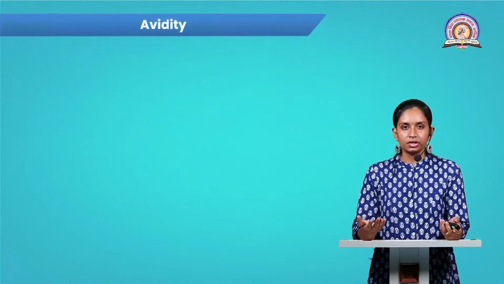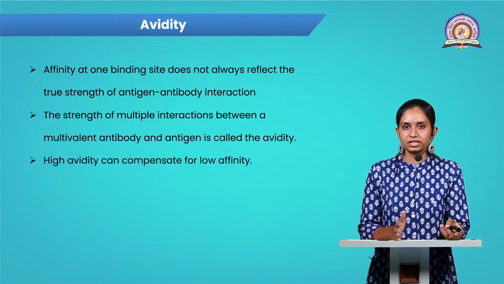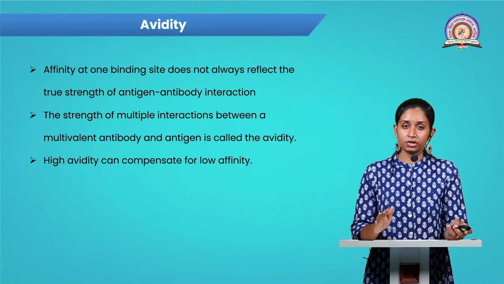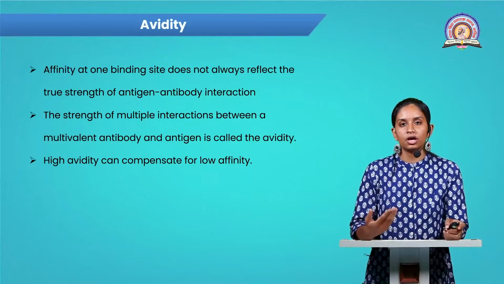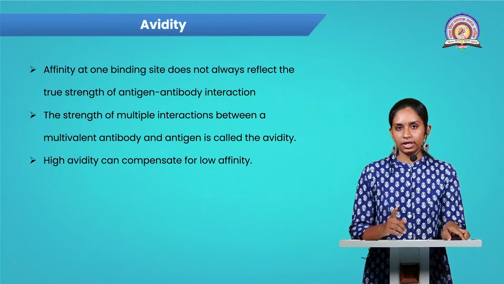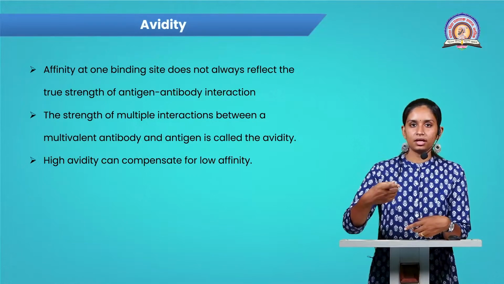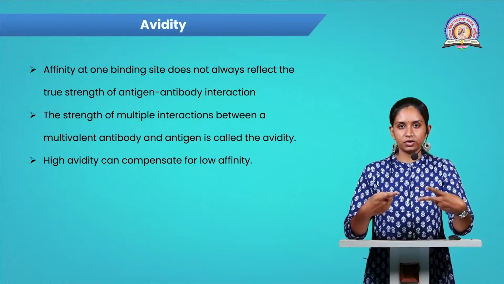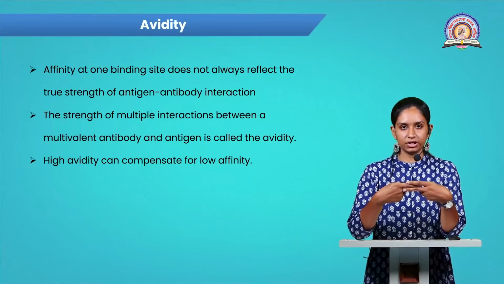Now the second term is avidity. Again this term signifies the strength of the interaction between antigen and antibody molecule, but still it is going to differ. How? See, in affinity, what I have told you is that a single epitope and a single antigen binding site on the antibody were interacting with each other.